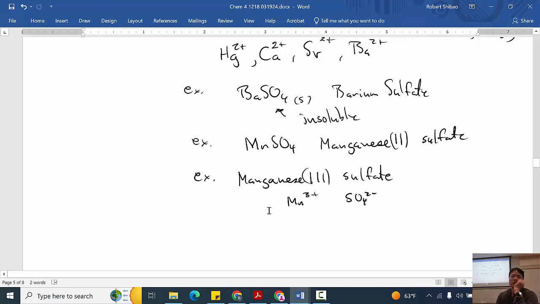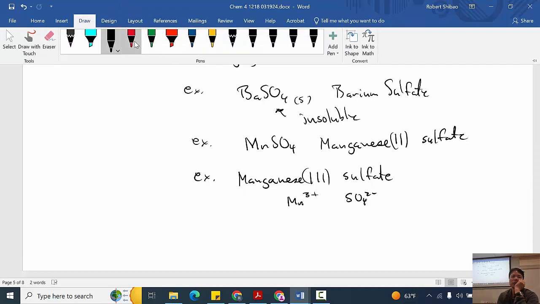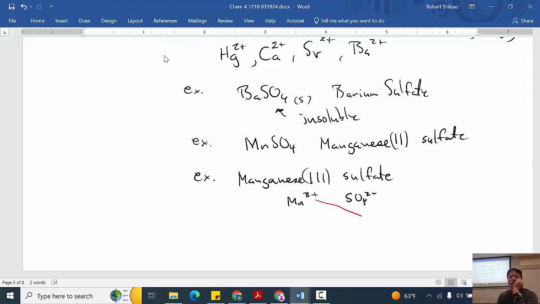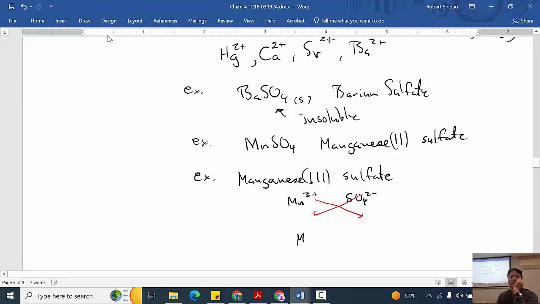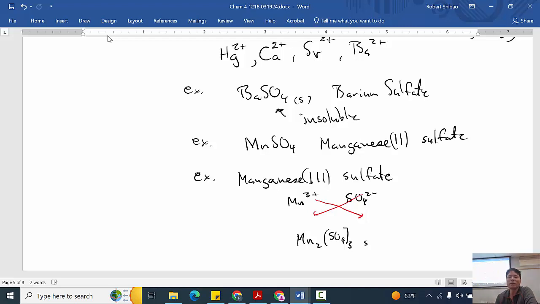There are 2 ways you could do it. You could just list the ions out until they balance, or you could do the cross. We'll do the cross. How many manganeses do I want? I want 2 manganese, so it's going to be Mn2. And how many sulfates do I want? 3. So it would be Mn2(SO4)3.